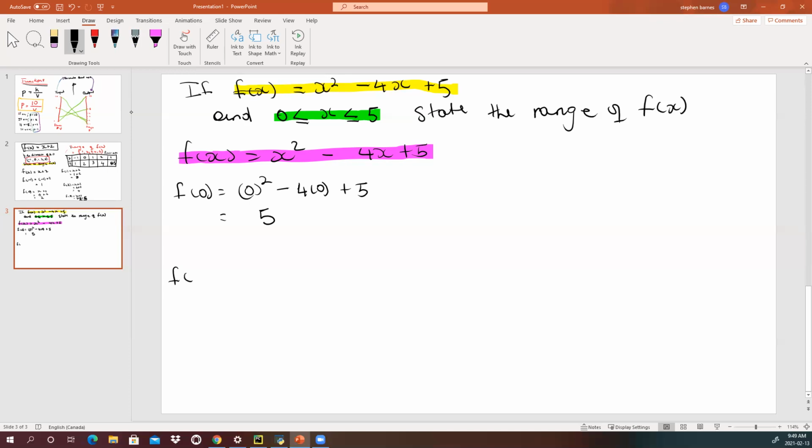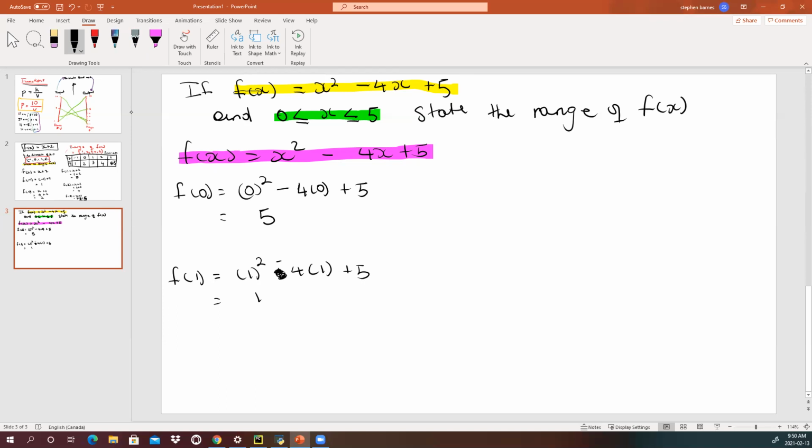F of 1 is equal to 1 squared minus 4 times 1 plus 5. Let me just double check. Yes, 1 squared minus 4. I don't know why I put plus right here.